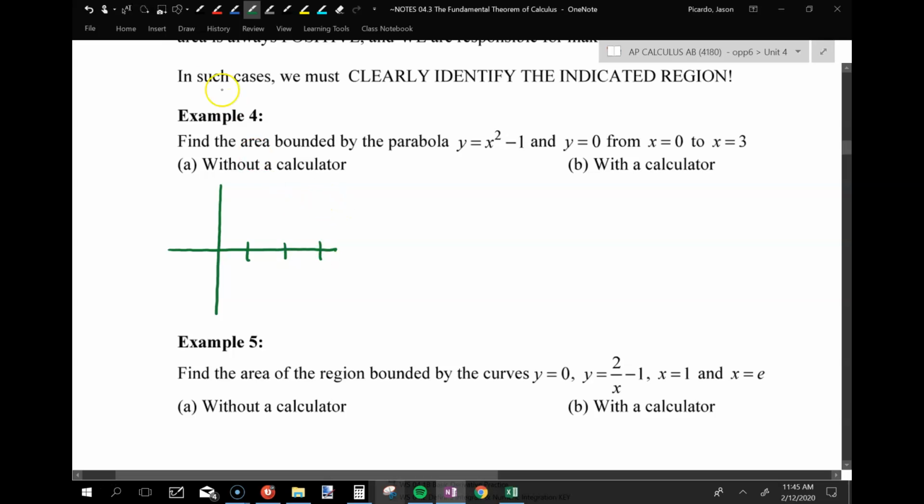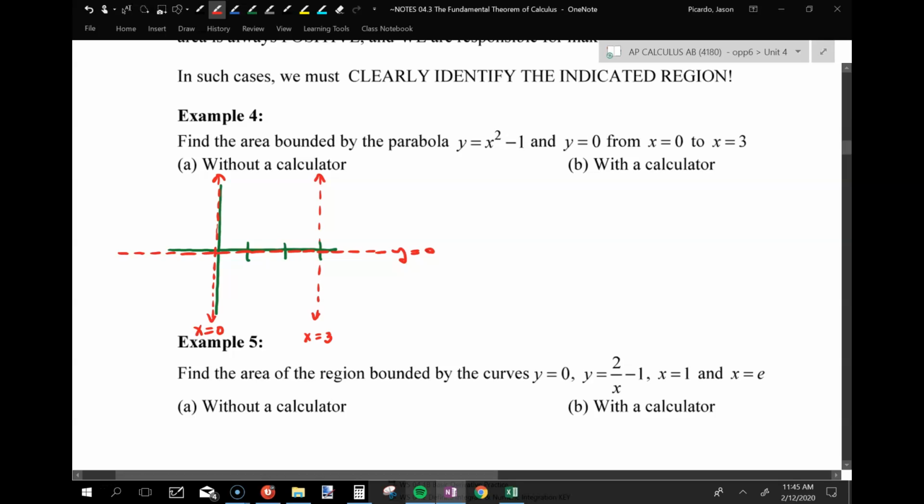All right, so here is one boundary. Here's my other boundary. Y equals 0. There's the third boundary.